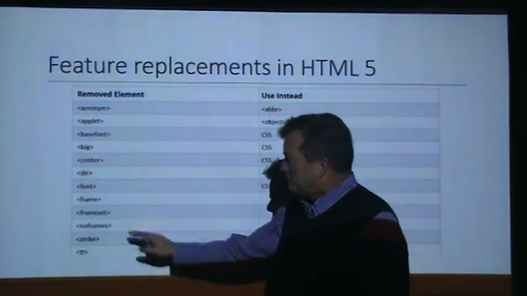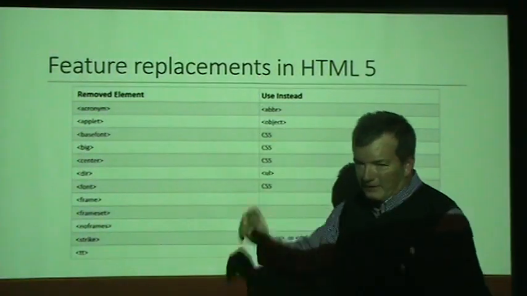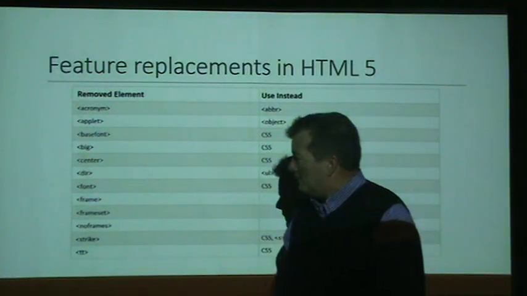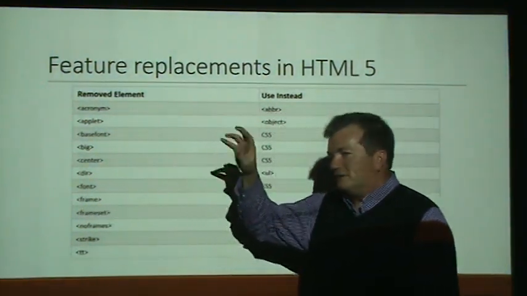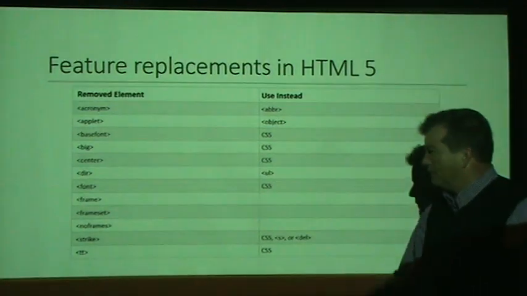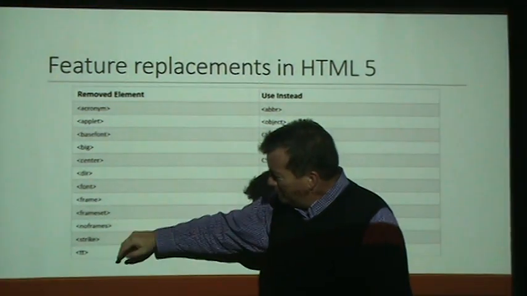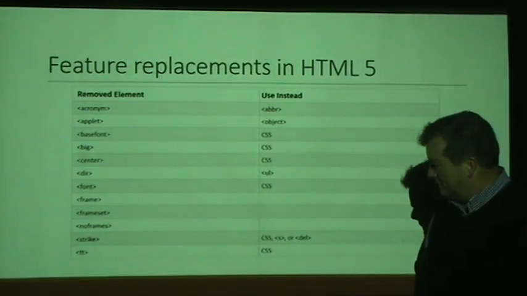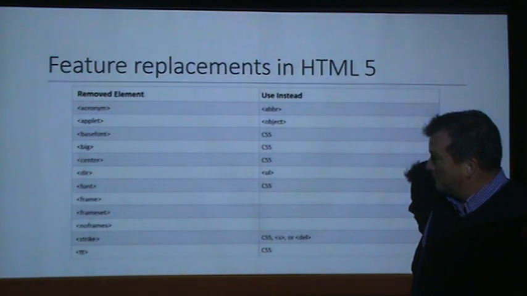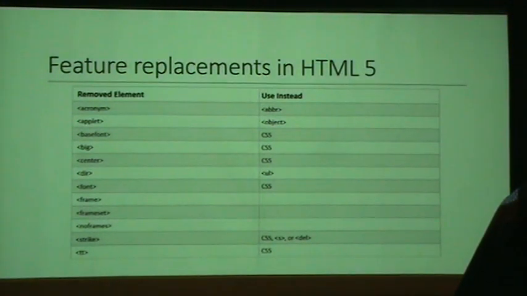In CSS, if you want to change how big print is or what color print is, rather than putting it in a font tag, saying font and then BG color equals and set the background color, you could just add it in CSS. Frames and frame sets seem to be gone now.